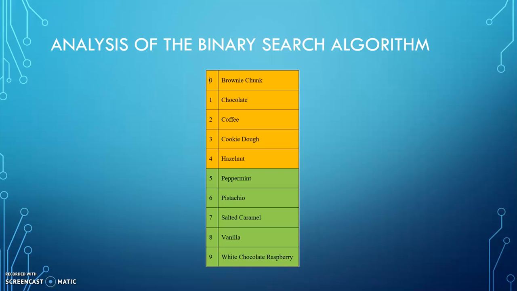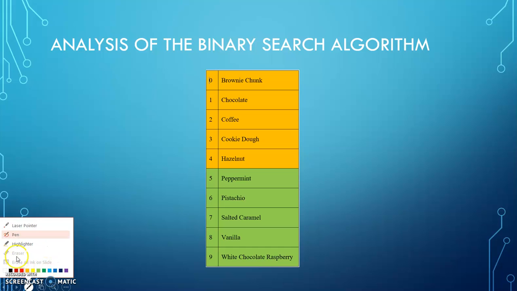So consider this array. We have 10 gelato flavors, and let's say I'm looking for chocolate. The algorithm is going to start at the midpoint. There is no true midpoint here because it's an even number, so it'll start right here on the hazelnut, and it's going to say, is chocolate, what we're looking for, less than or greater than hazelnut? If it's less than, great.